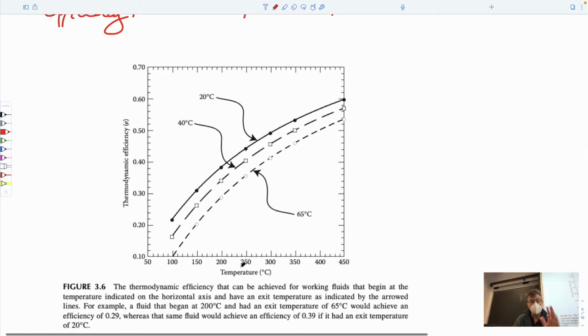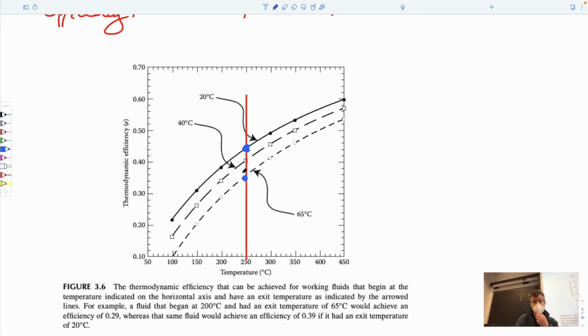If you work out that equation, 1 minus T over Ti, then in terms of efficiency, if you have a particular reservoir temperature, say 250 degrees centigrade, then not surprisingly, your efficiency is higher if you can reject to a lower temperature than if you can only reject to 65 degrees centigrade. And it makes a difference of about 10%, right?